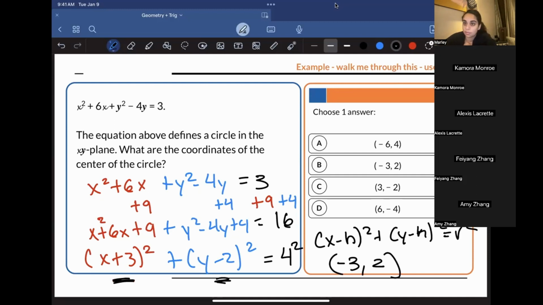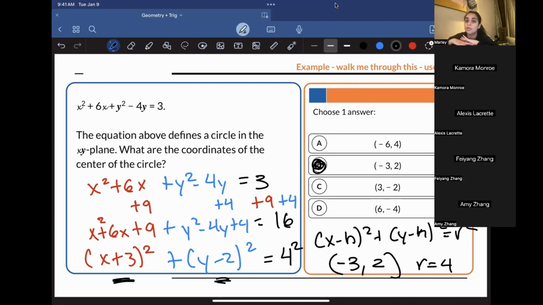And just to go a step further, we also know that the radius is 4. This is how we would use completing the square to figure out the coordinates and the radius. The answer choice is B.